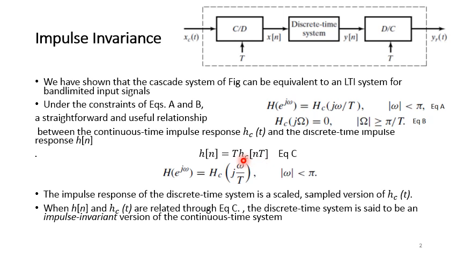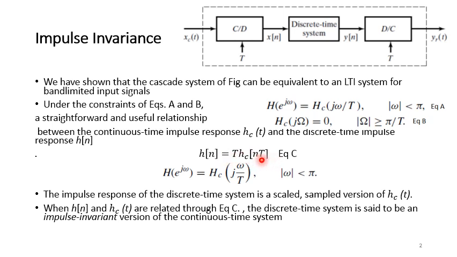So for the LTI system having impulse response hc(t), C means continuous time, right? In this course we'll use HC or HA, both meaning analog or continuous time. So this is the equation that relates the responses of the discrete time and the continuous time system, and this is called the impulse invariant version of the continuous time system.